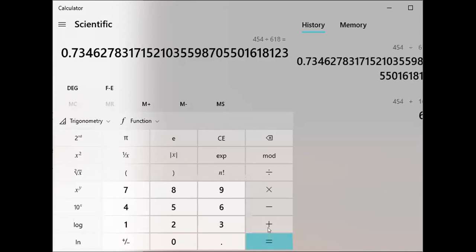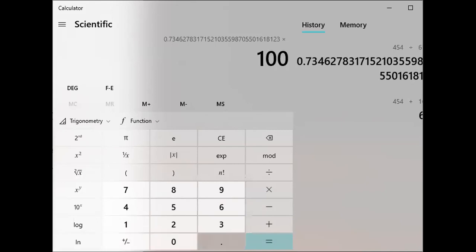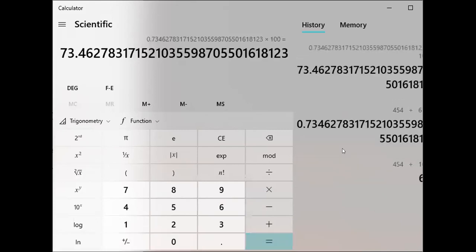And then because you want to write in percentage, you need to multiply by 100%. So you got 73.46. If you round that to one decimal, you got 73.5, right?